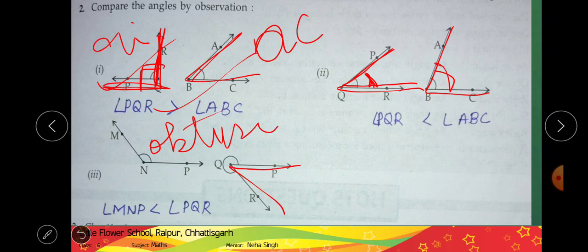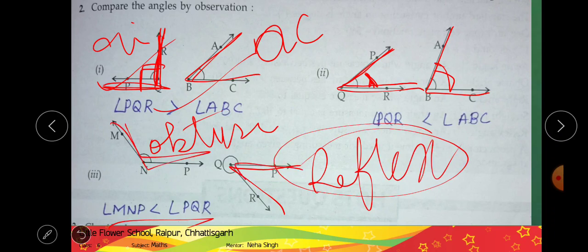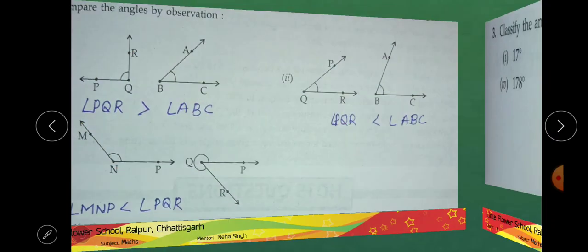Reflex angle is greater than 180 but less than 360. So is this a reflex angle, we can say? Yes. So which is greater? Obtuse angle is greater or reflex angle is greater? Obviously reflex angle, so we will write this angle is less than this angle. Okay, because this angle is termed like this whole angle, and this is only this angle.